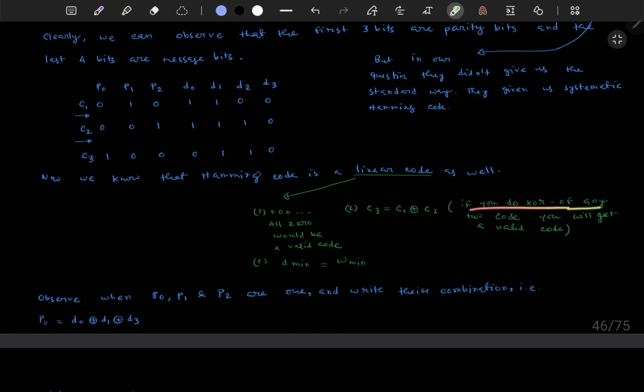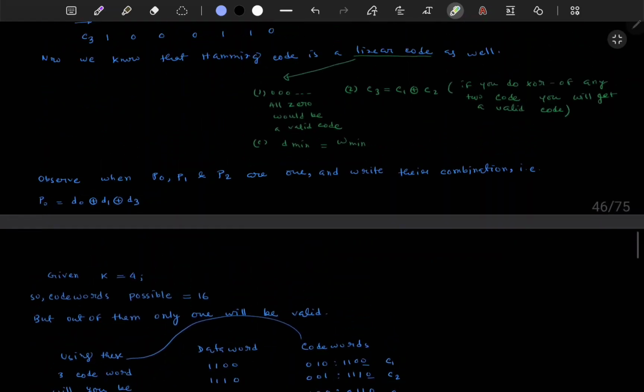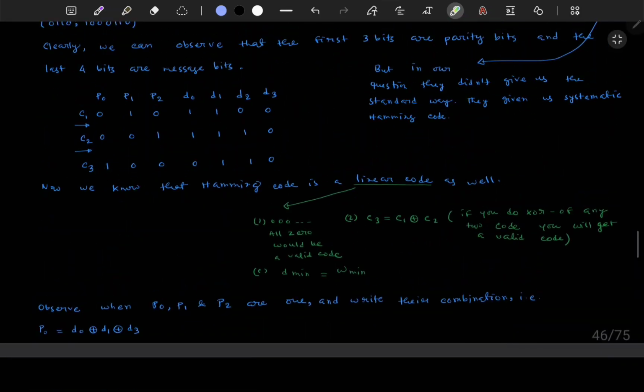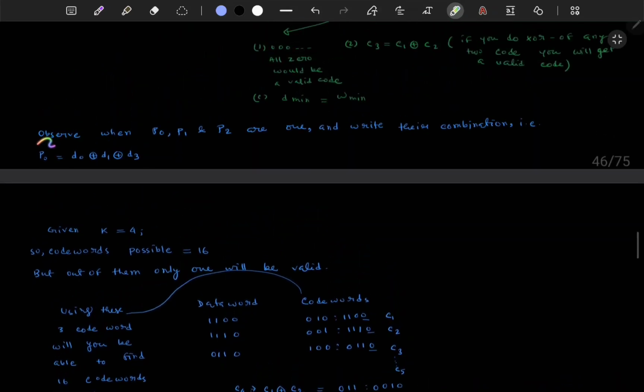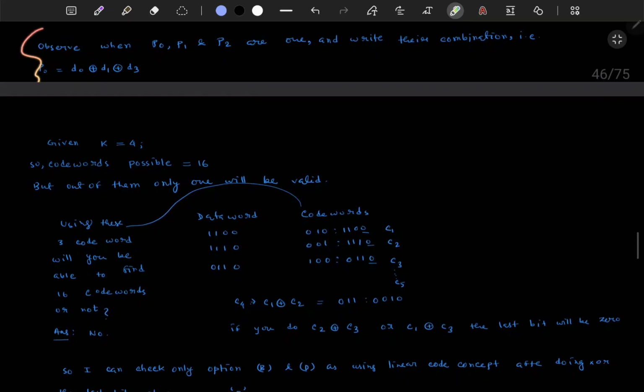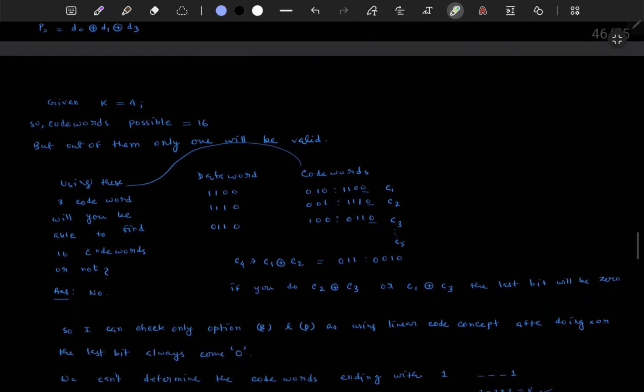If you XOR any two code words, you will get another valid code word. That might not be C3, it can be C5, C4, anything. So observe when P0, P1, P2 are 1 and write their combination. This part I will tell at the end.